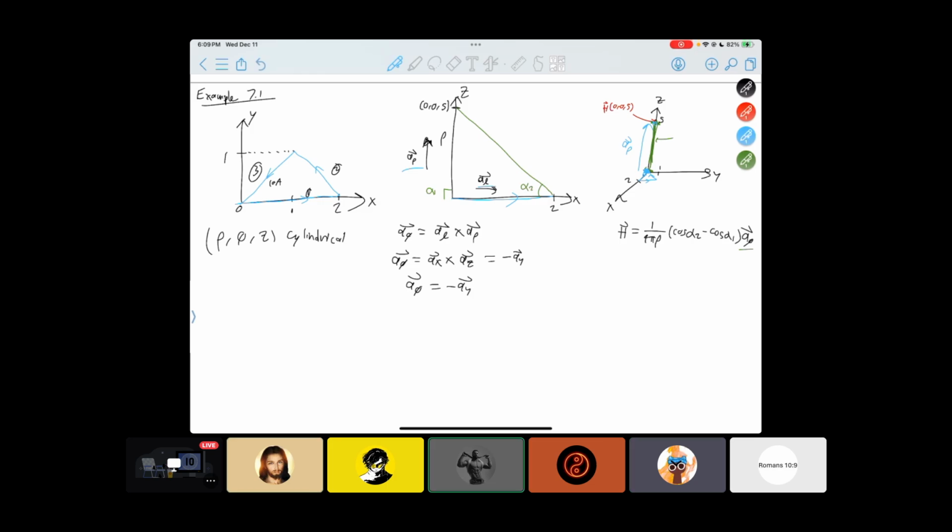Is that due to side one of the current? Your AL is the line current, so that's the direction of the current. Whatever direction your current is flowing in is going to be your AL. So I'll make a note over here. AL is the direction of line current, and your A rho is the direction.